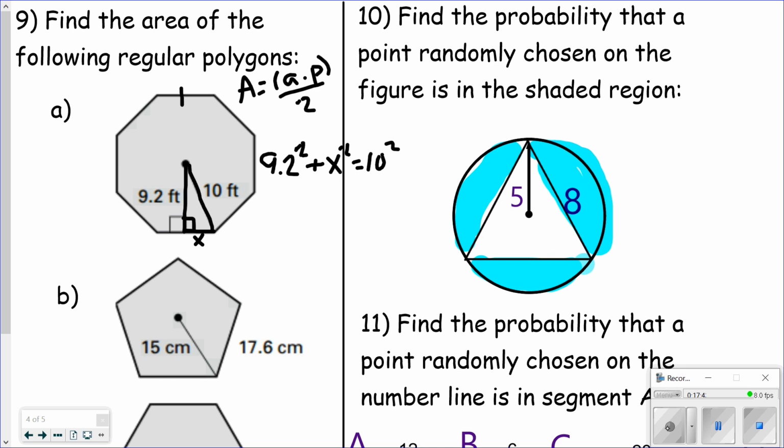I won't go through this, but when you solve for x, we end up getting that x is equal to 3.9. So if this little part is equal to 3.9, it means that that entire length is double that. So this would be 7.8.